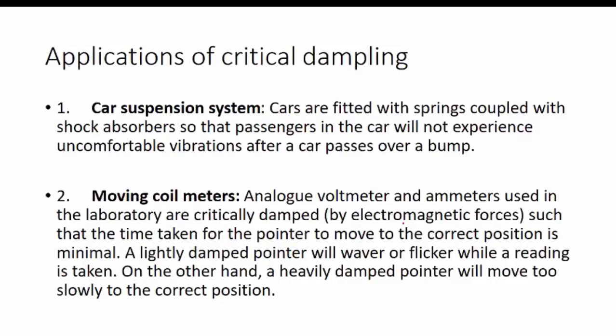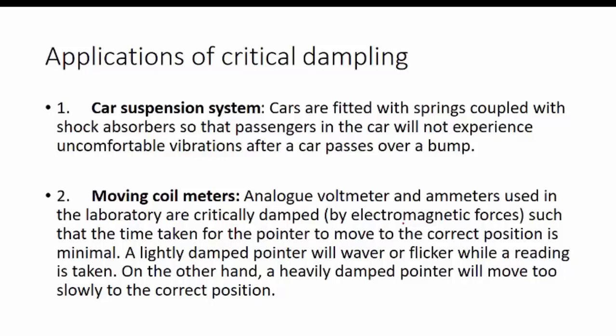The other application is in a moving coil meter. These are the old analog meters that use some kind of coil and electromagnet inside. When you connect this meter to a circuit and it's taking a reading, the meter will come to its final position and stop there almost instantly, so that it doesn't oscillate.